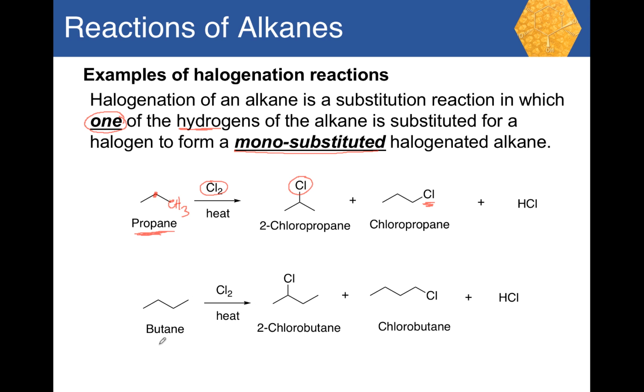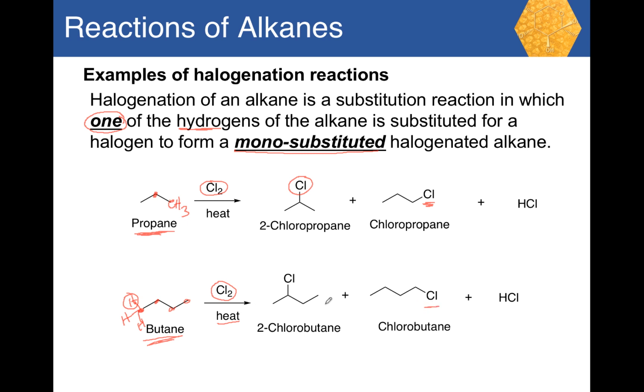Let's look at this one, butane, line angle for butane. CH3 right here, CH2, CH2, CH3. We have chlorine in the presence of heat, so we need to substitute one hydrogen for a chlorine. You could do it here because this is CH3 right here. So you could substitute one of these hydrogens for chlorine, and here it is.